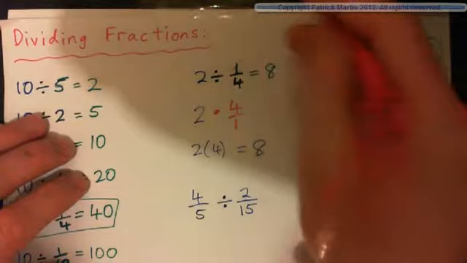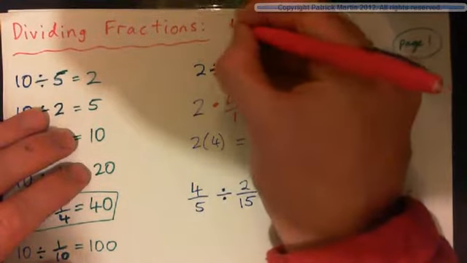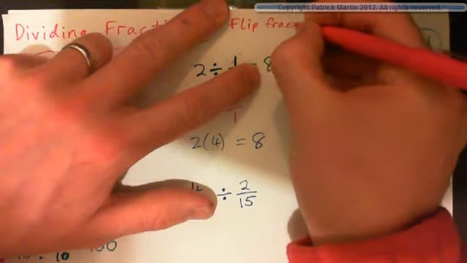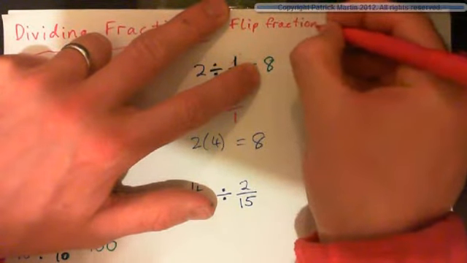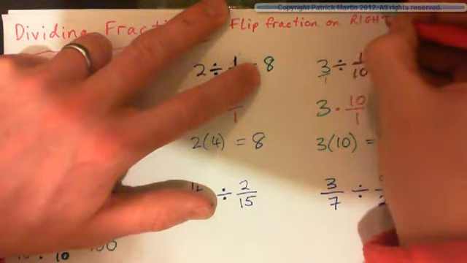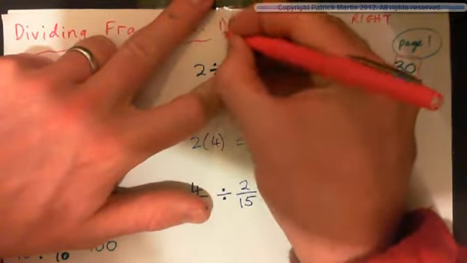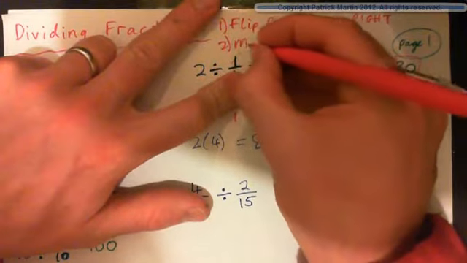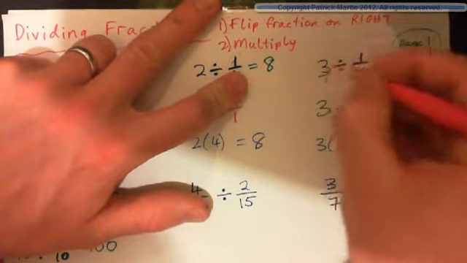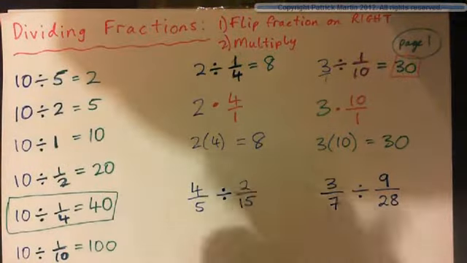So when we're dividing by fractions, we flip the fraction on the right, and that's step 1, and step 2 is we multiply by the reciprocal of the fraction on the right.